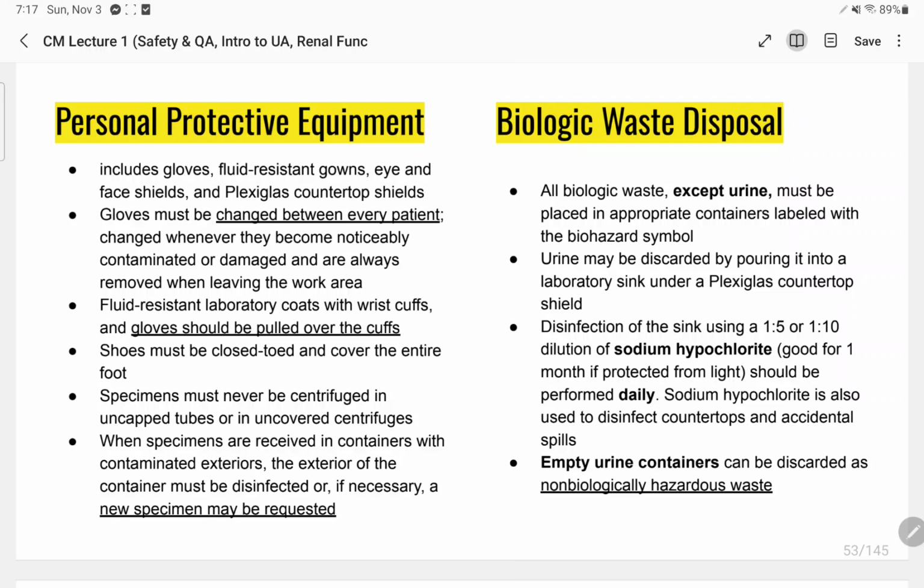So the cuff of your gown is covered by your gloves, and the shoes you wear should be closed-toed and cover the entire foot, okay? So Crocs are not recommended. Although the medtechs wear Crocs, I also wore Crocs when I worked in the lab, but still. Others wear Duralite that is open at the ventral part of your foot, okay? That is not allowed as much as possible, because it should be closed and cover the entire foot.